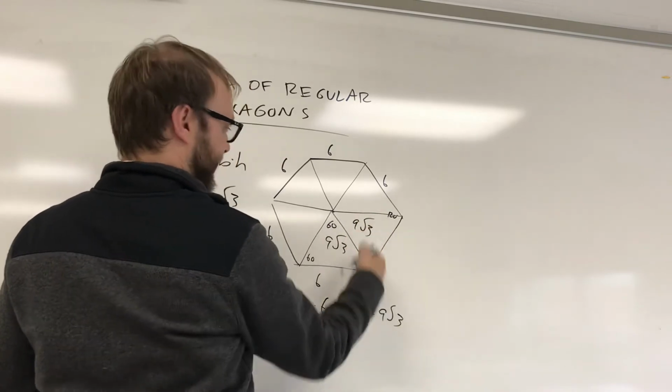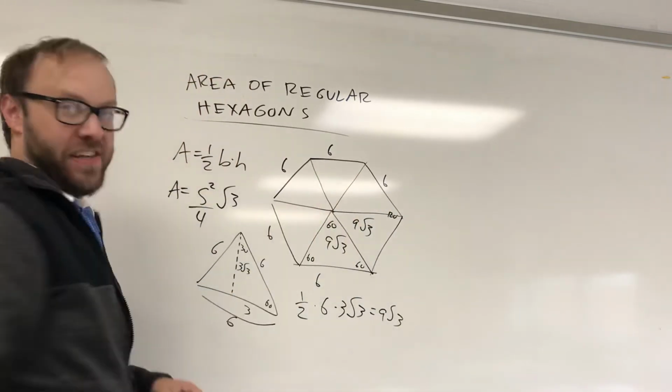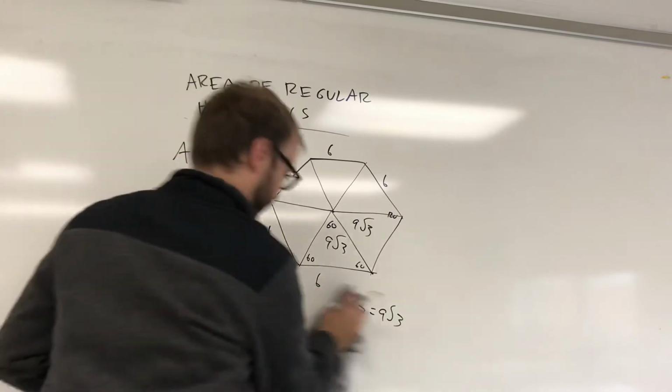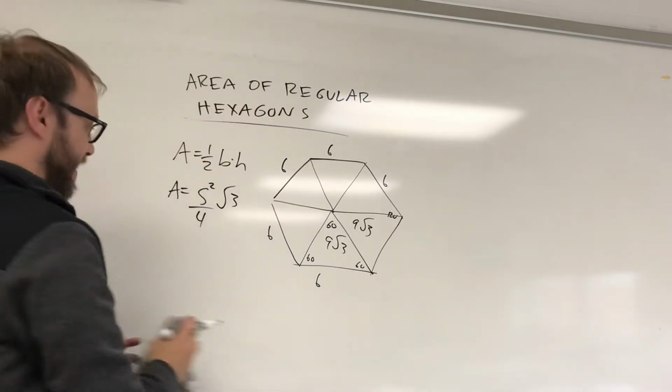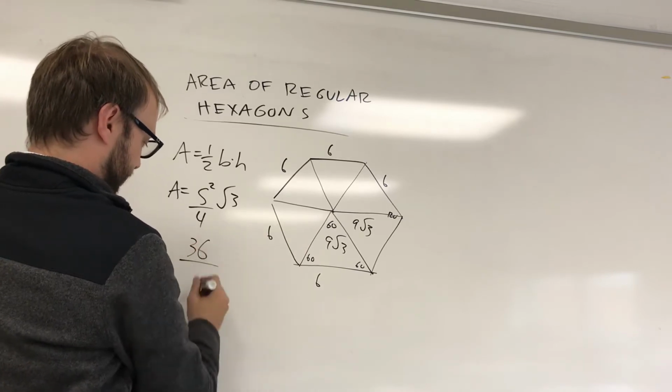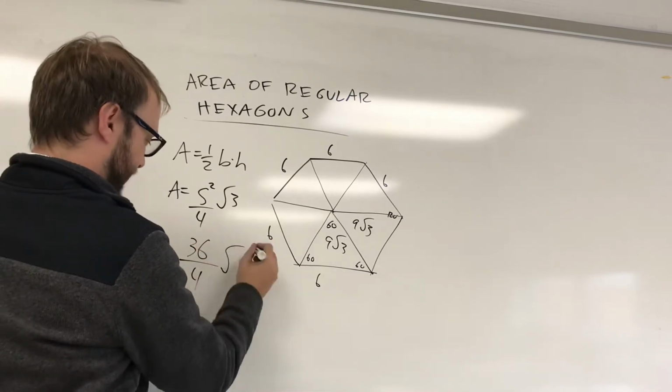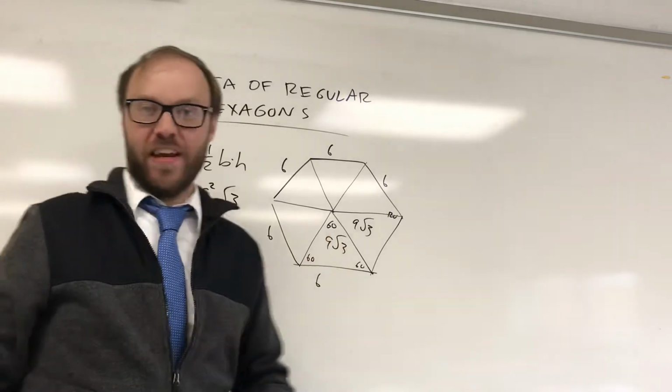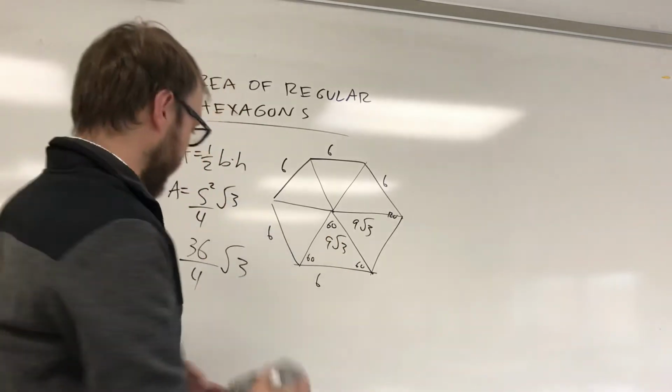You're going to have 6 9 radical 3s going all the way around to create that hexagon. Or by the way, could have done it much faster. The side squared, 6 squared is 36, divided by 4 is 9, and then you're multiplying by radical 3, and you get 9 radical 3. So either one of those approaches should work.